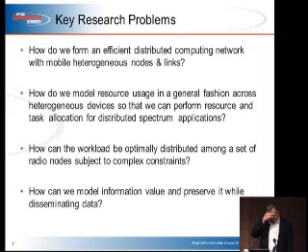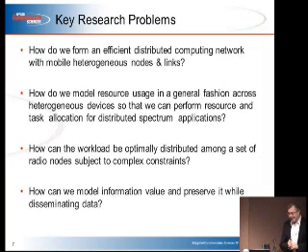And then the next key problem is how to model information value and preserve it while disseminating data. Actually, this is a topic that we're collaborating on with WINLAB, in fact, with Wade back there. But the idea is once I've generated information, some of it is more important than others. Some of it is time critical, others may be less time critical. How do I model that?